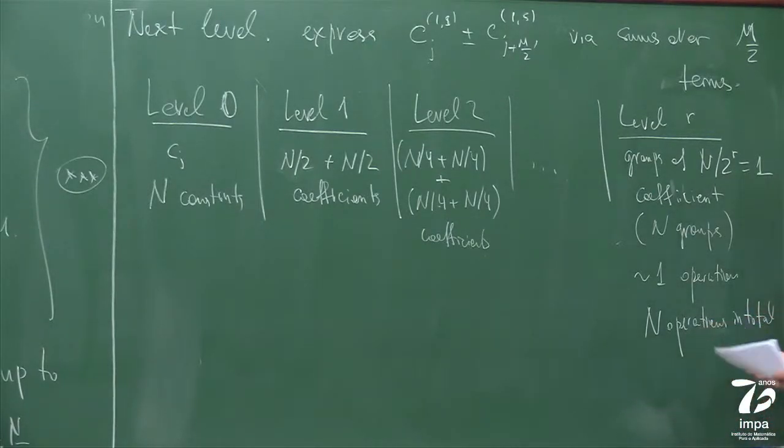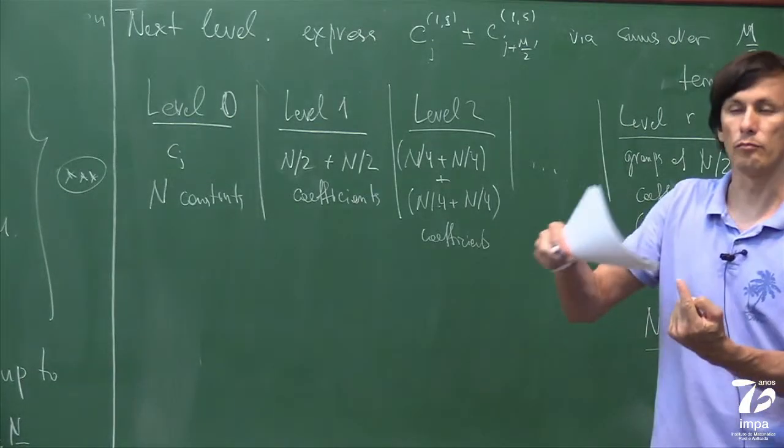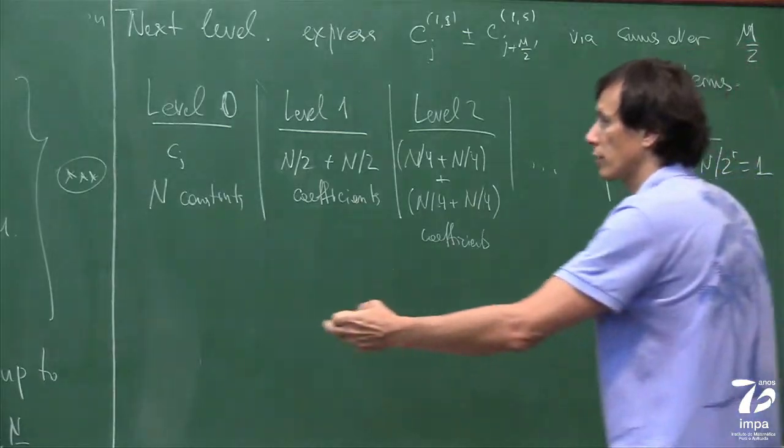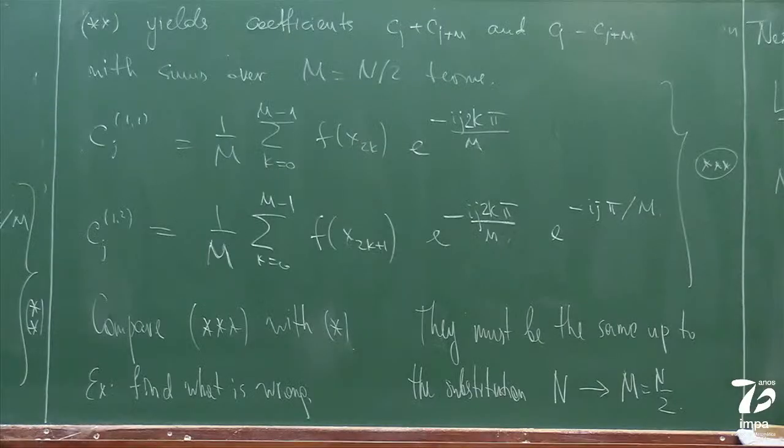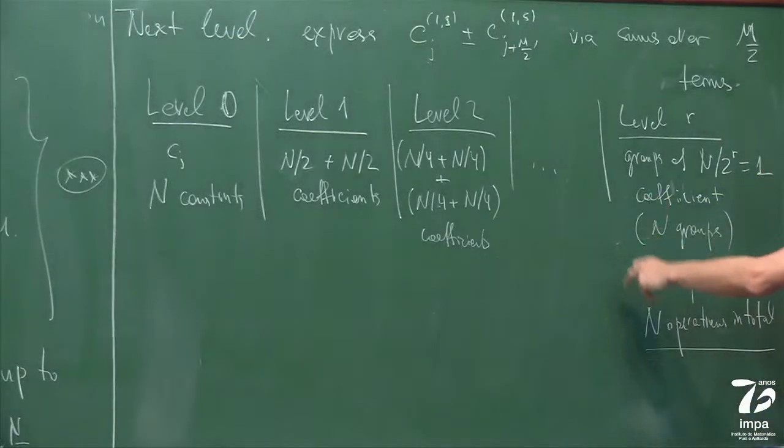So at the last level, each group contains just 1 element, so not a sum at all. It's just one number. So you just need to compute 1 exponent, but for n different groups. So the last group is n operations.